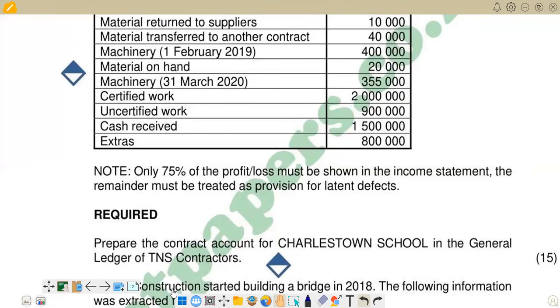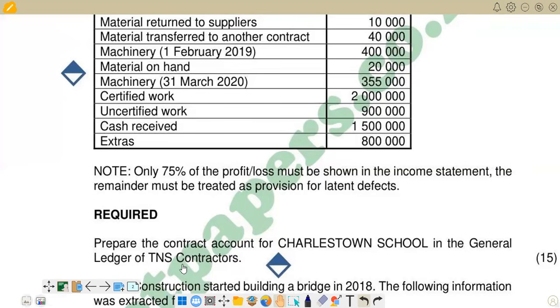And whenever we credit the profit and loss, it's a profit. We know that in the profit and loss, profits will go to the credit side, and losses will go to the debit side. So if the deficit is on the credit side of the contract account, you're going to enter on the credit side of the contract account, and then the corresponding entry, we are going to debit in the profit and loss as a loss.